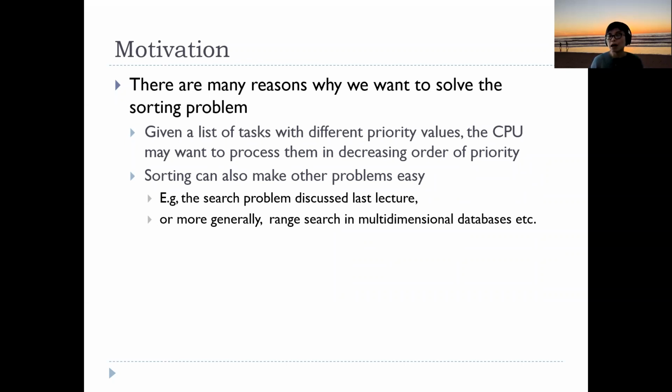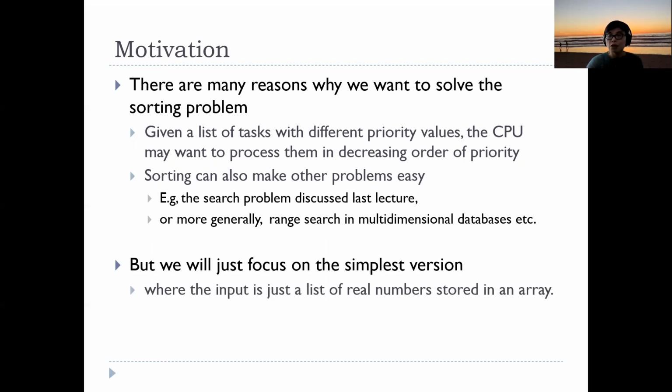For example, if we want to do a search query in a database, like what we discussed last time, by spending some time to first sort all the elements in the database by their keys, we can then perform binary search and do the search query much more efficiently. So there are different reasons why we want to sort an array.